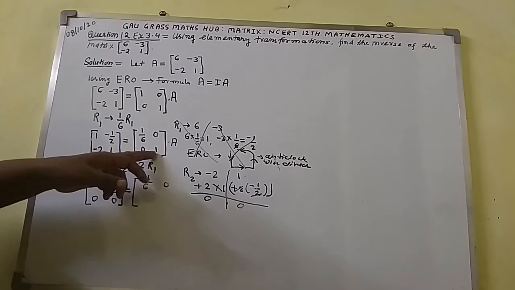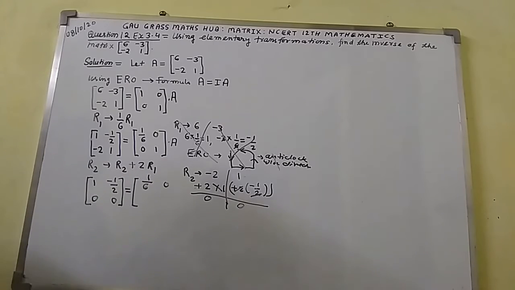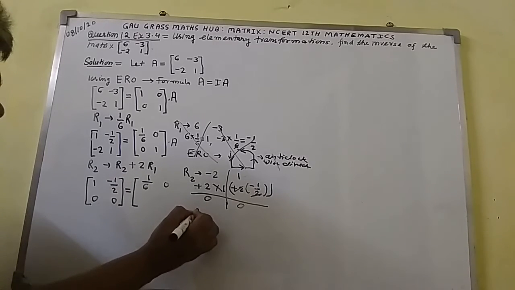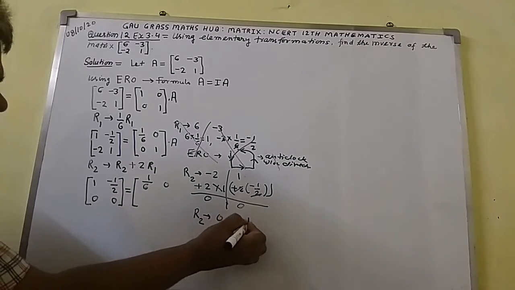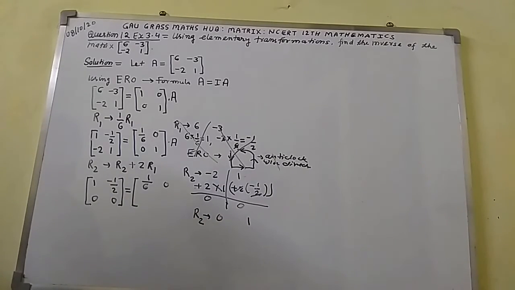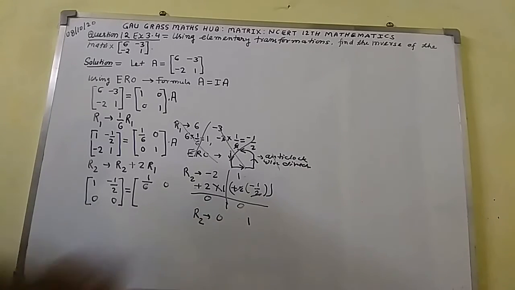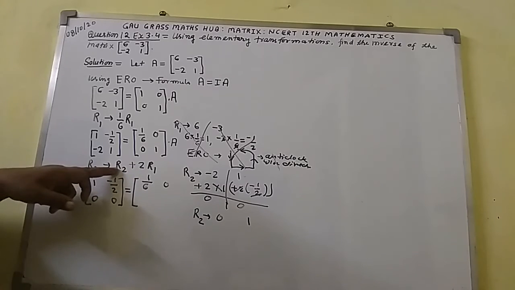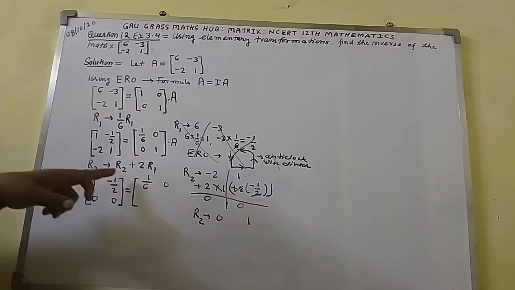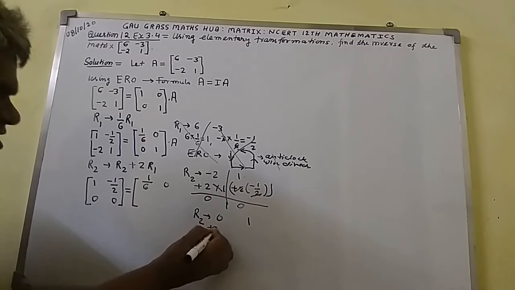The elements of the second row will be affected by applying this property. The elements of the second row R2, you can take here 0, here take 1. The elements of R2, 0 and 1, I have taken. On applying this property, R2 will become 0 plus 2, I shall write here, plus 2 is there.